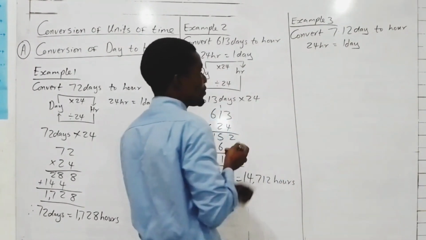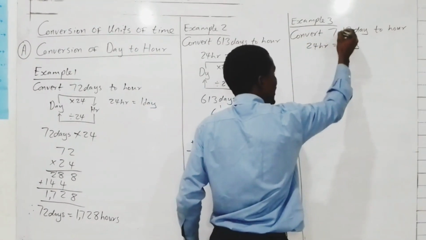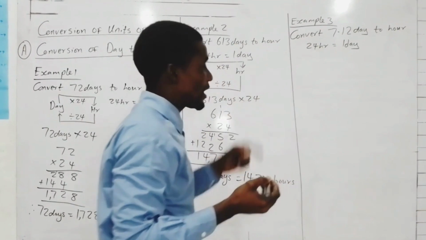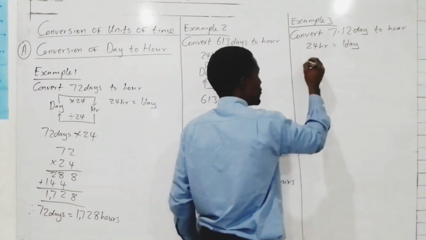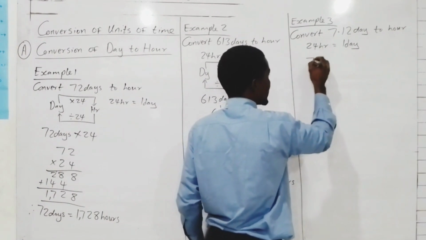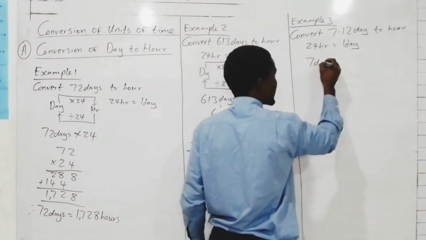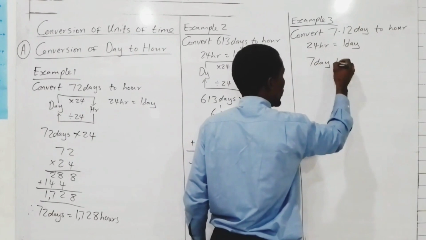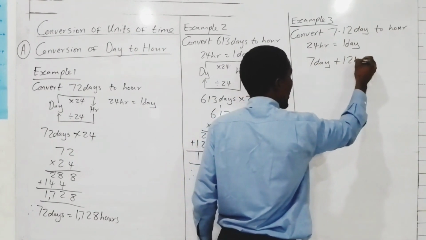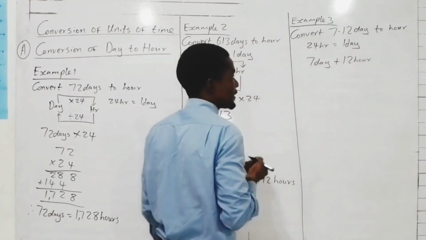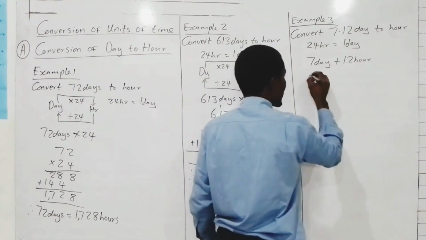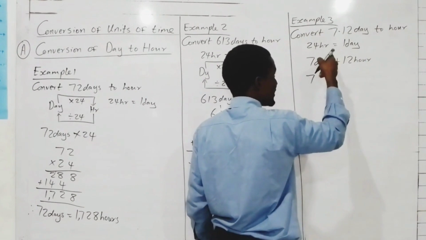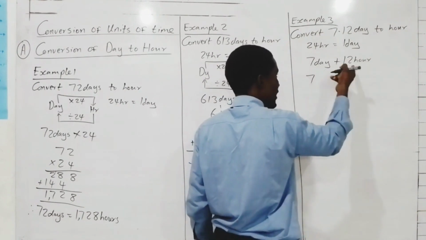In this case now, we have 7 as our whole number and 12 as our what? As our decimal number. In this case, say 7 days plus 12 hours. 7 days plus 12 hours. Now let's go. We multiply. We want to convert day to hour. So we have 7 days and 12 hours.